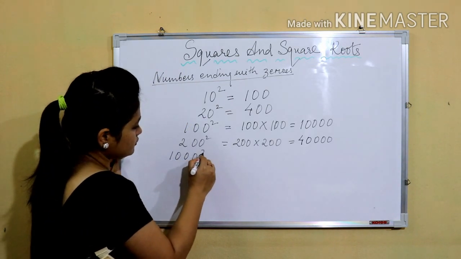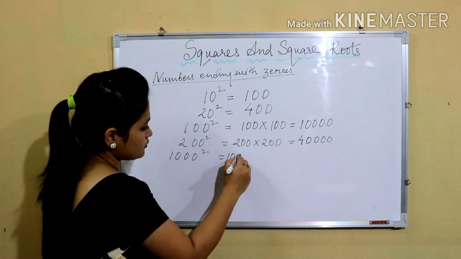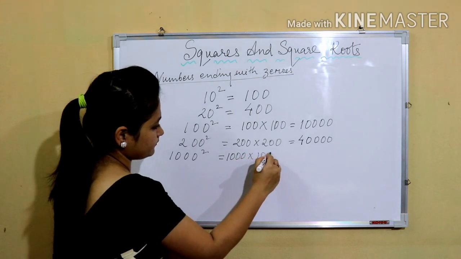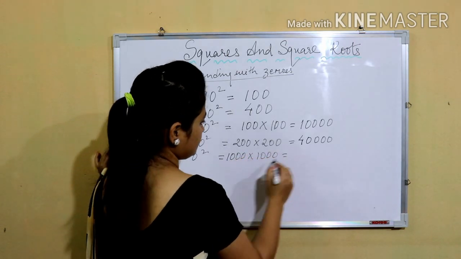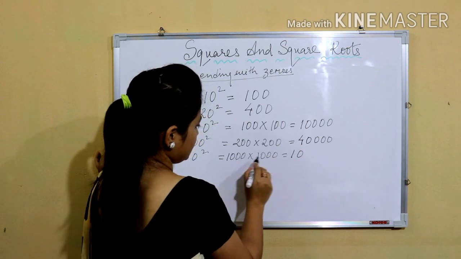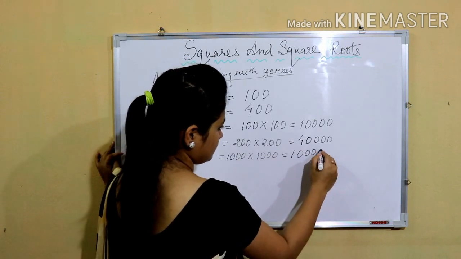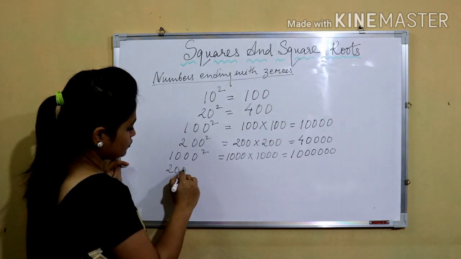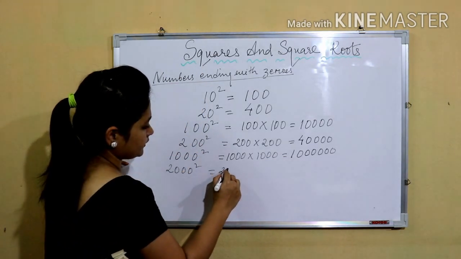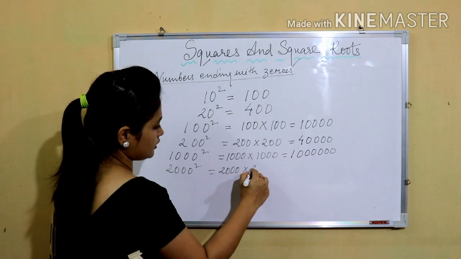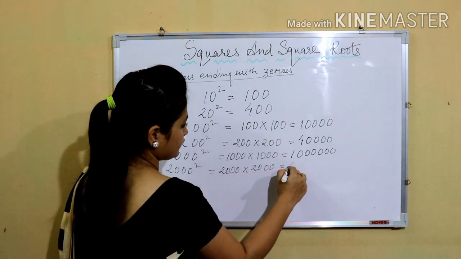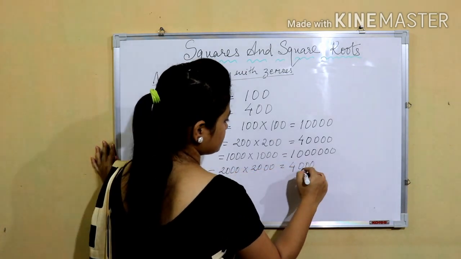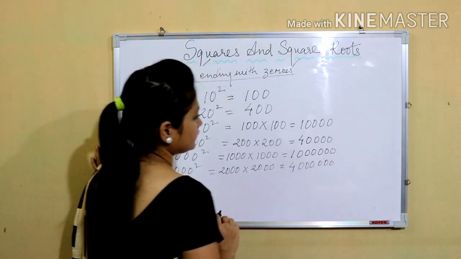Same way 1000 square, 1000 into 1000, gives 1 followed by 6 zeros. 2000 square, 2000 into 2000, gives 4 followed by 6 zeros.